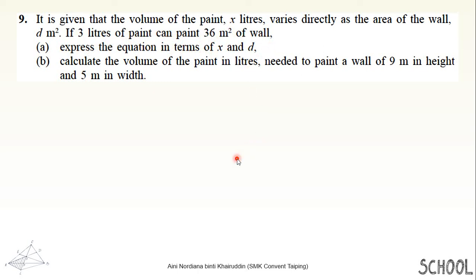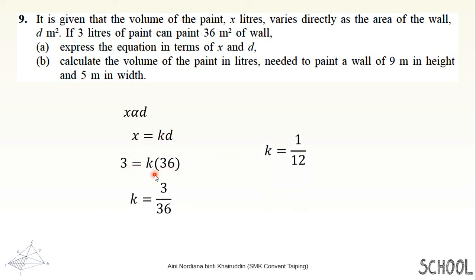We do A first. x varies directly as d. So we write it as equation form. Substitute the value of x and d to find k. After you get k, and then substitute into the formula back. So x equals 1 over 12 d. So this is the answer for question A.